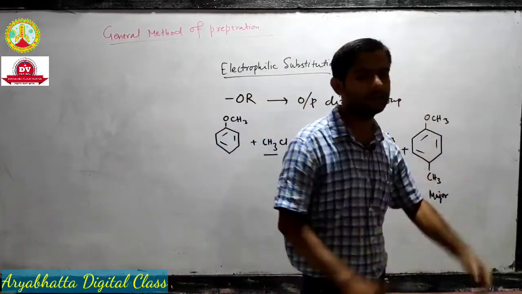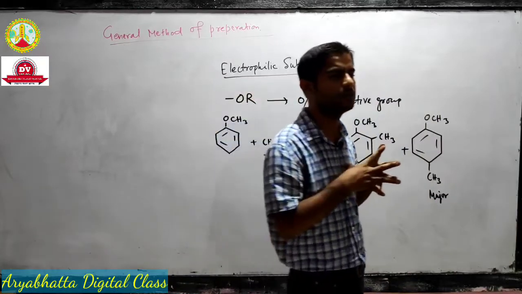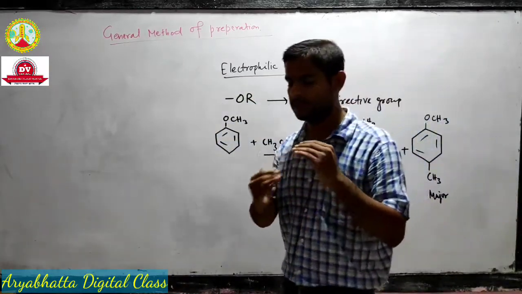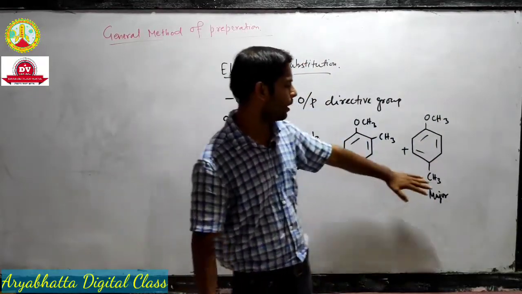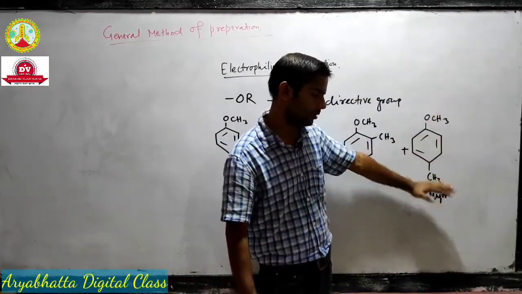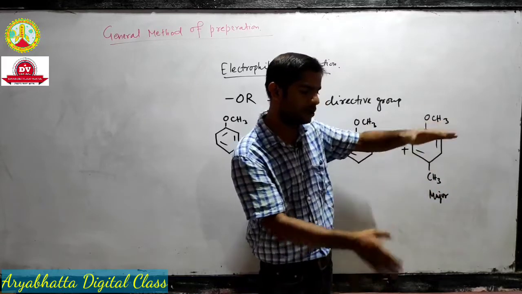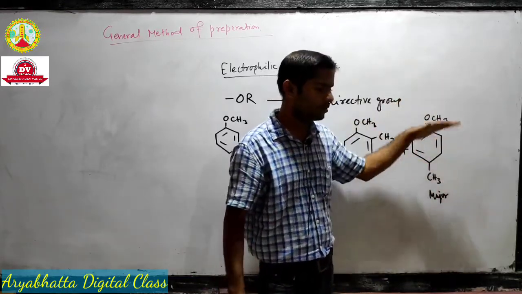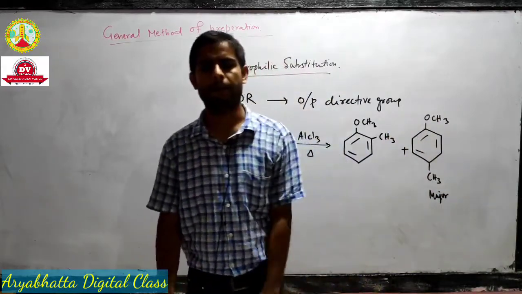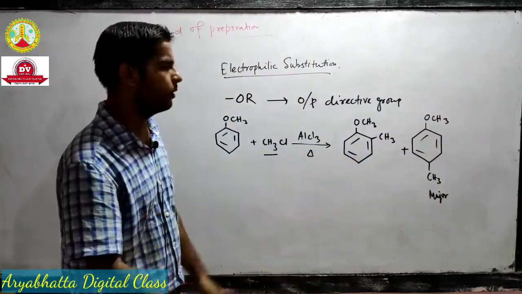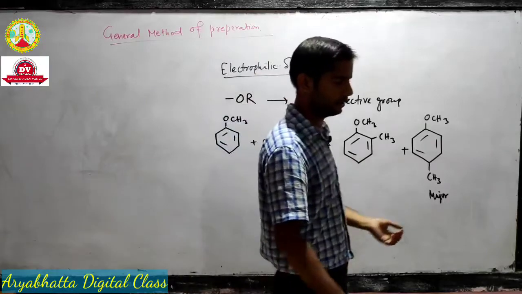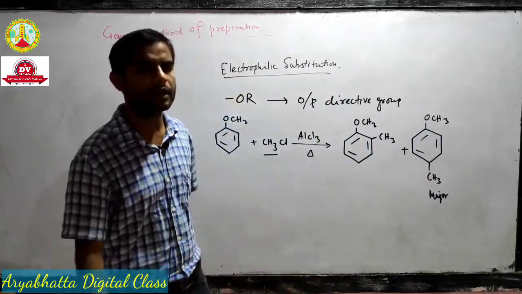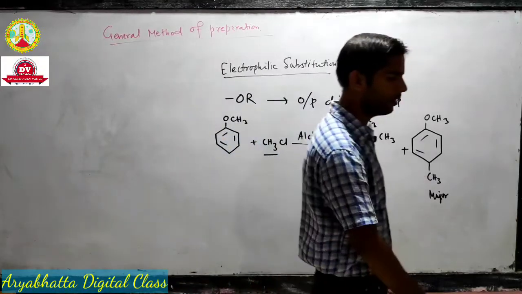Since para isomers are symmetric and the two groups are at the maximum possible distance, this is a better product, so it will be the major product. In most ortho-para substitutions, para isomers are the major product.